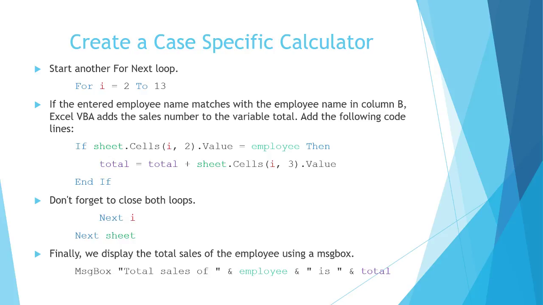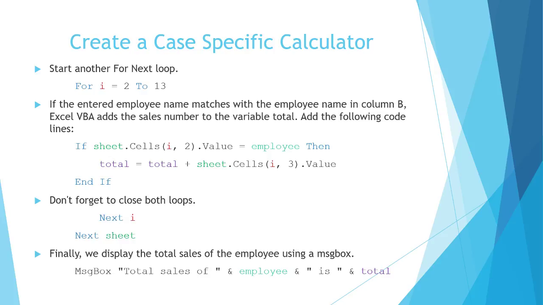And then if we want to do more sheets, we do the next sheet after we got through those 2 to 13. This is useful if we want to do, say, multiple months, and these months are separated over different tabs in the workbook. This way you don't have to go to each different sheet to do the exact same function, and it keeps it all a little bit more centralized for you.